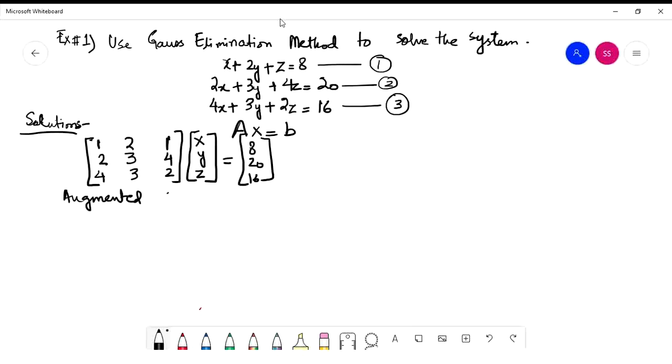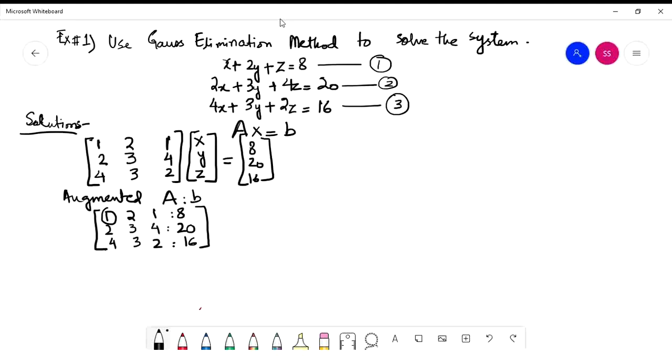The augmented matrix is basically [A | b], because in every row operation the constant b is affected in that row. So it is 1, 2, 1, 8; 2, 3, 4, 20; 4, 3, 2, 16. Now we work on equation number 1. The pivot position here is 1, so we don't need to divide by the a11 coefficient because it is already 1.